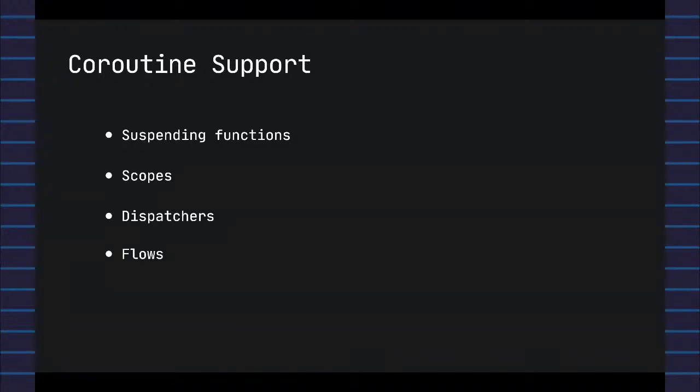You could specify that a specific method in the controller should utilize some dispatcher. And you could also build reactive APIs in your controller, have your controller return a flow of items. Let's look at each one of these and how to use it in your REST controller.